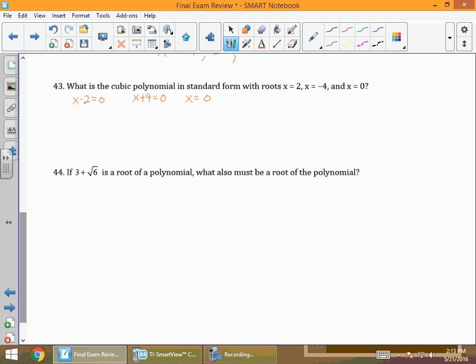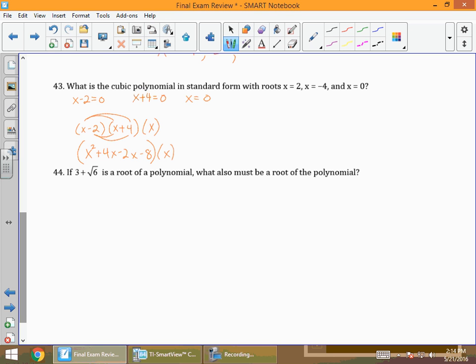If you want the cubic in standard form, take your x minus 2, your x plus 4, and your x, and just multiply everything together. So I'll FOIL the first 2 together. That'll give me x squared plus 4x minus 2x minus 8. Combine some like terms, so that'll be x squared plus 2x minus 8.